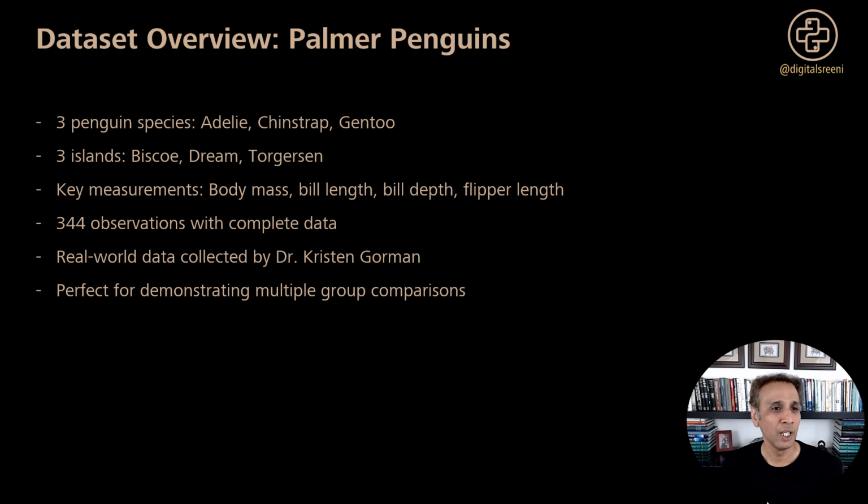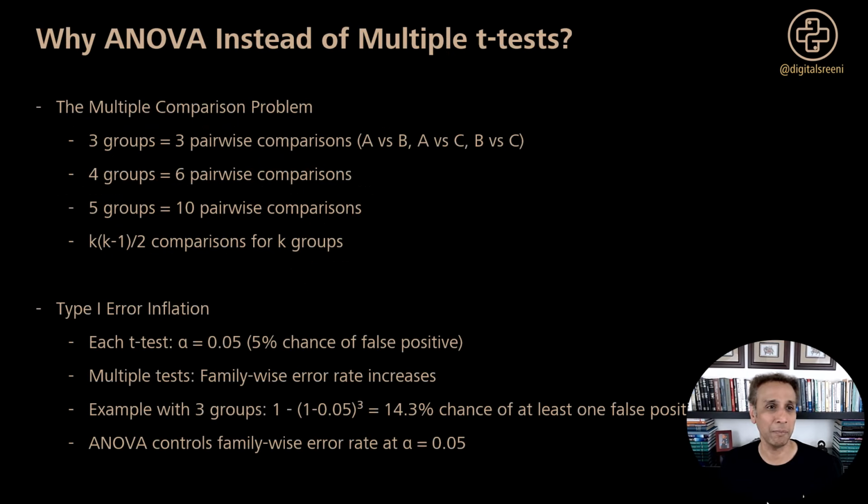The key measurements here are body mass, bill length, bill depth, and flipper length. There are 344 observations with all this data, and this is real world data collected by Dr. Christian Gorman, and it is perfect for demonstrating these types of tests.